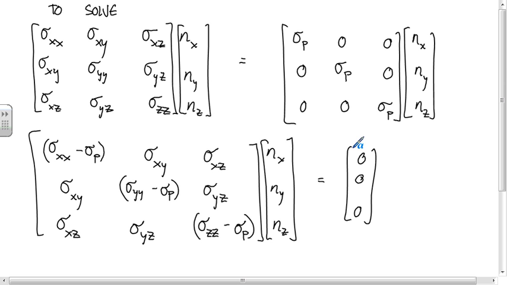There's one solution to this that we don't care about. That is the one that you would get if you just multiplied both sides by the inverse of this matrix on the left, right? That would just tell us that all three of these components are equal to 0. That doesn't do us any good. That's not a direction, okay? So we don't want this to be invertible.